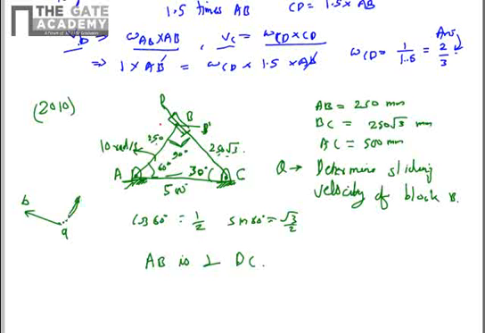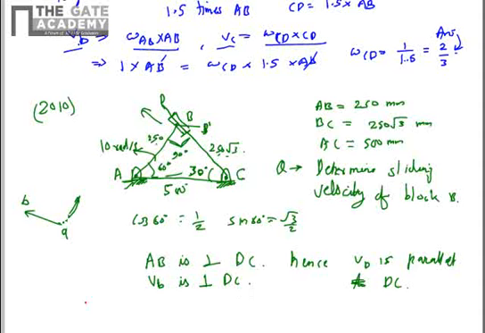CB will be along DC. AB is perpendicular to DC, and VB, the velocity of B, is perpendicular to AB. So hence VB is parallel to DC. In this case, the entire velocity of B is parallel to DC. There is no component perpendicular to DC.